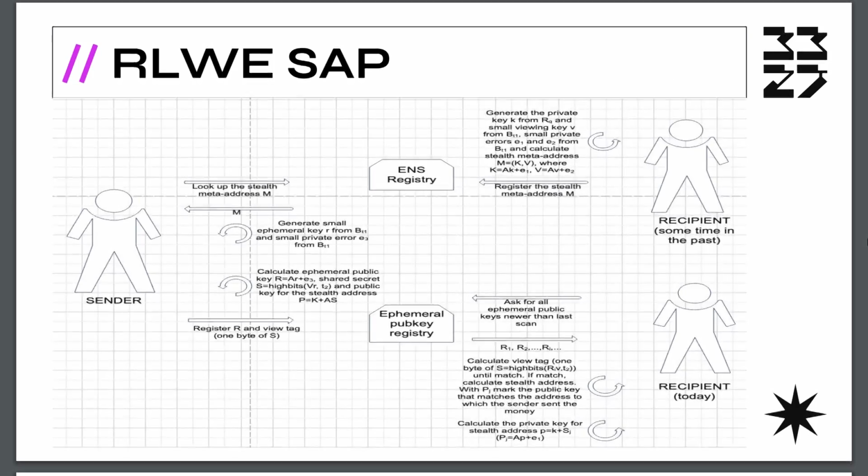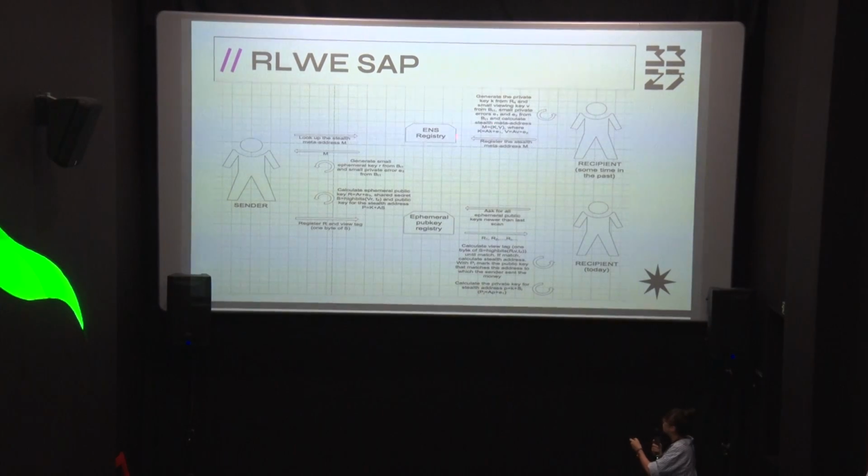When we talk about a ring of polynomials, this will not be a matrix. This will be a polynomial. So we will multiply polynomial with polynomial and add a polynomial of errors. Okay, but the coefficients in this polynomial will be very small numbers. So we will calculate this public key and add this key in this registry.